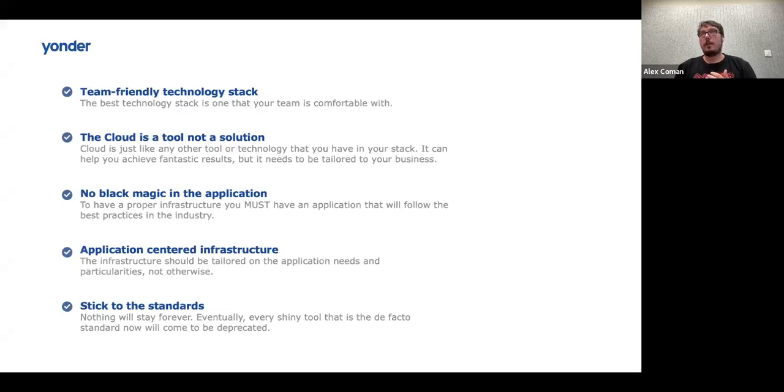And of course, cloud is just a tool that will accommodate our application. Right now, the infrastructure is built and tailored around the application. But it's important to remember that the application should be looked after as well. We need to improve the application in order to be sure that it can leverage all the things that the infrastructure has to offer.